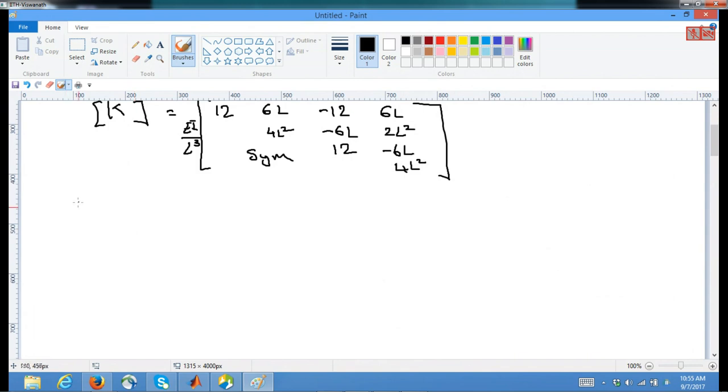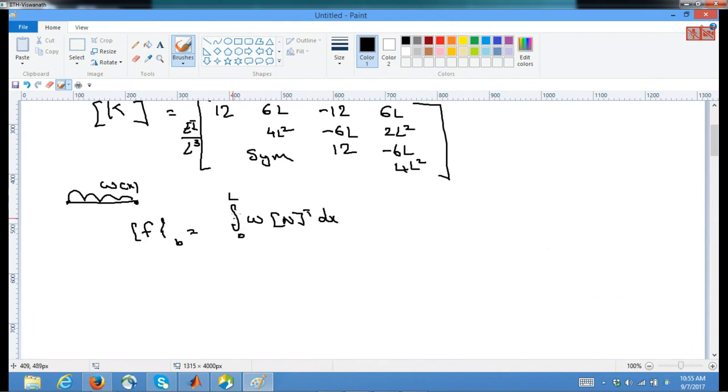then for the body forces, let's say when you are having some distributed loading, W is a function of X, then we said that we can use F body forces is nothing but the integral of W N transpose dx.